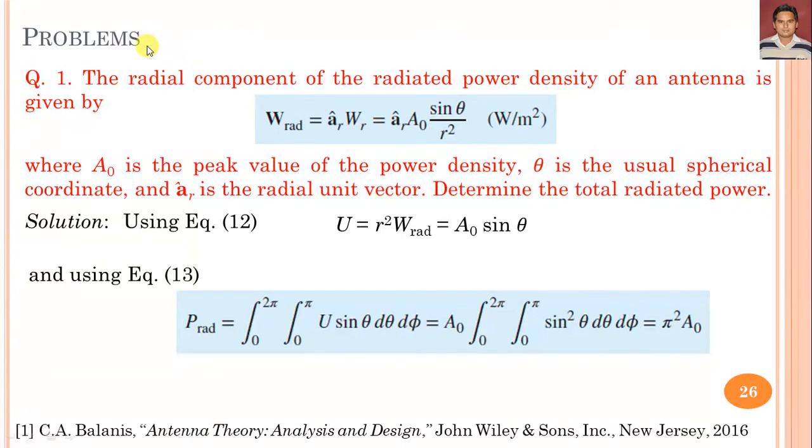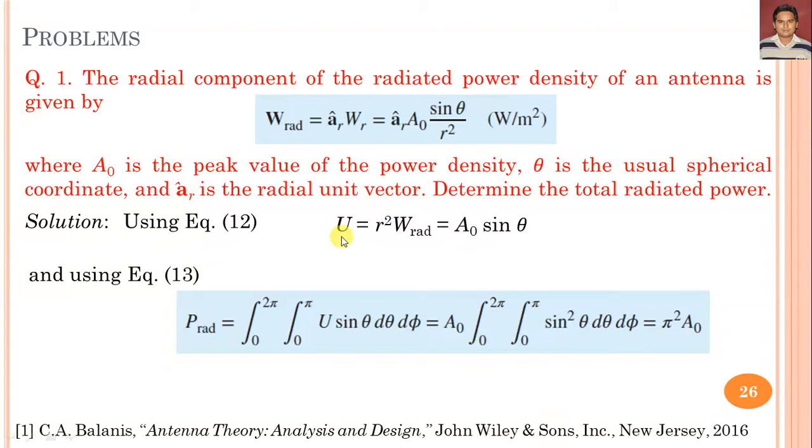To understand the concept, as discussed in lecture 1 and in this lecture, we have taken some problems to understand the procedure and the physical concept. The radiated power density W is given, where A naught is the peak of the power density, theta is the usual spherical coordinate, and a_r is the radial unit vector. Calculate the total radiated power. We can calculate it directly using this expression, or by using the radiation intensity.